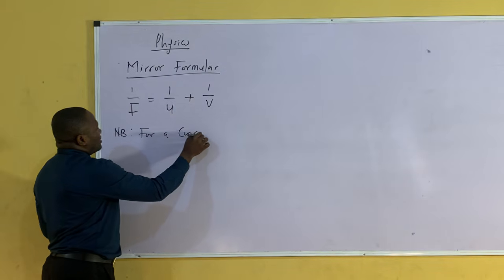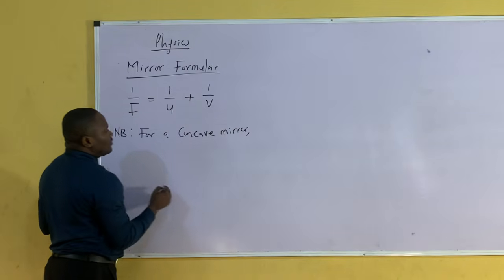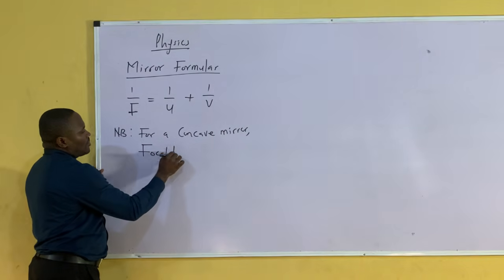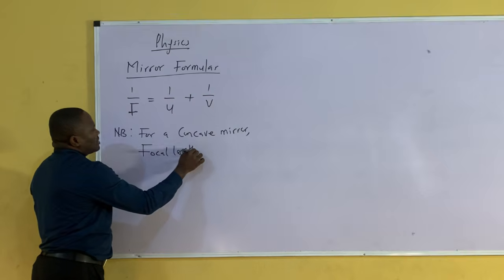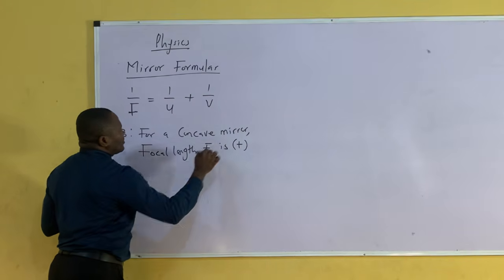First, for a concave mirror, focal length, which is f, is positive.